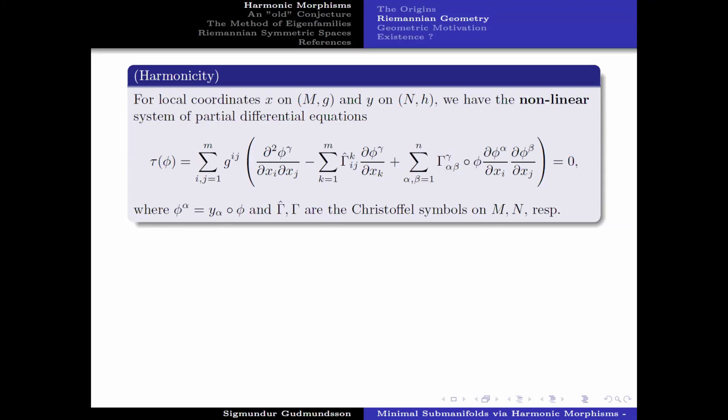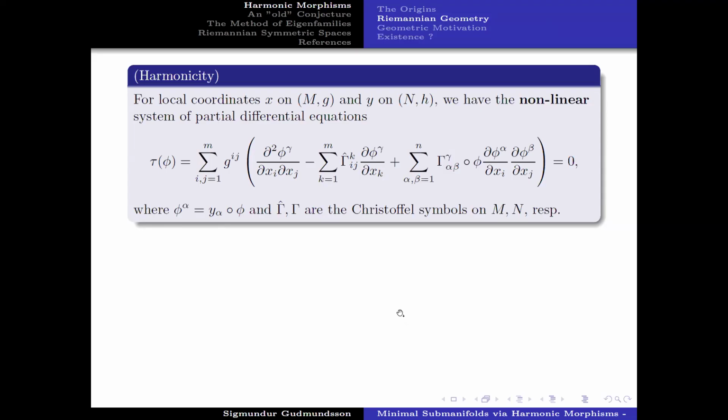Okay, then we have a question from Theodoros. Oh, yes, my friend from Greece. Very nice talk, Sigmundur. What I find really interesting is that you develop a method to produce even global minimal submanifolds in all these spaces, always of codimension 2.